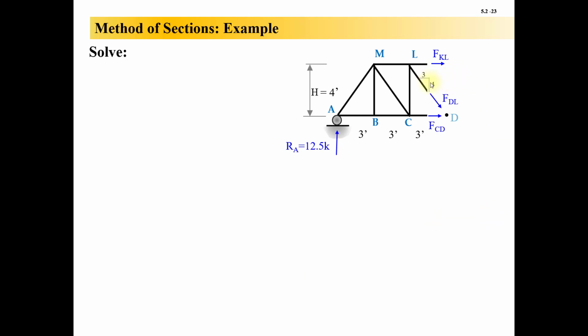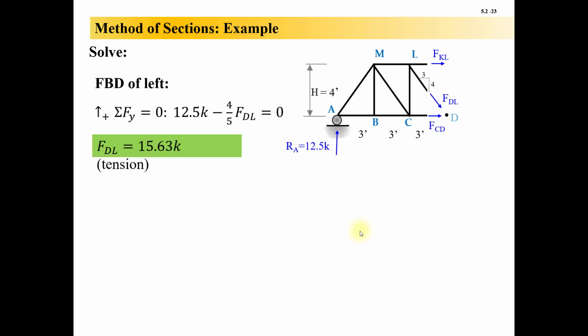Here I do have that angle information. This is a 3 feet width and a 4 feet height, which makes that a 3, 4, 5 force triangle. So if I do sum of forces in the Y equal to 0, I have 12.5 kips. And look at this. This unknown here is the only member that has a Y component of force.